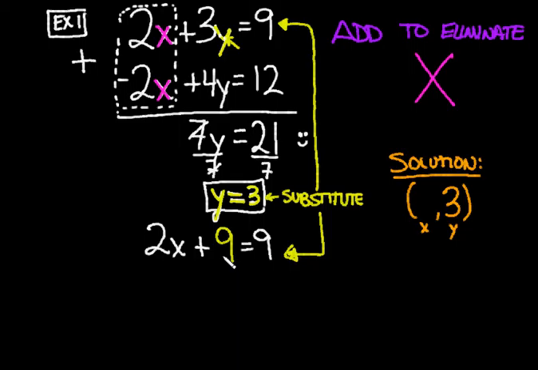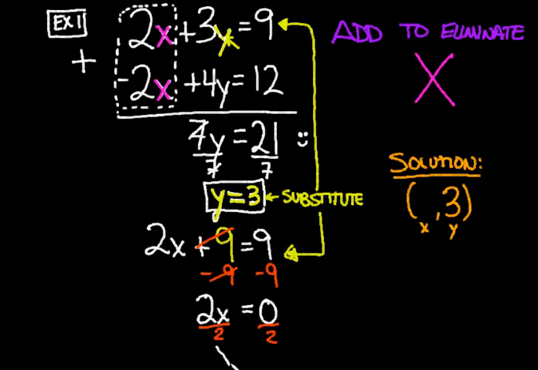But now looking at this, it's a regular two-step equation. We do our 2 steps and solve it. We're trying to solve for x. Get rid of the 9 on the left. So 2x's is all that's left over, equals 9 minus 9, 0. And then our final step, you haven't seen it yet, divide by 2.